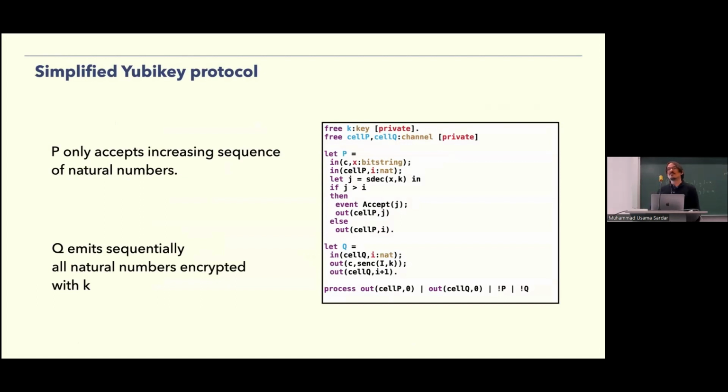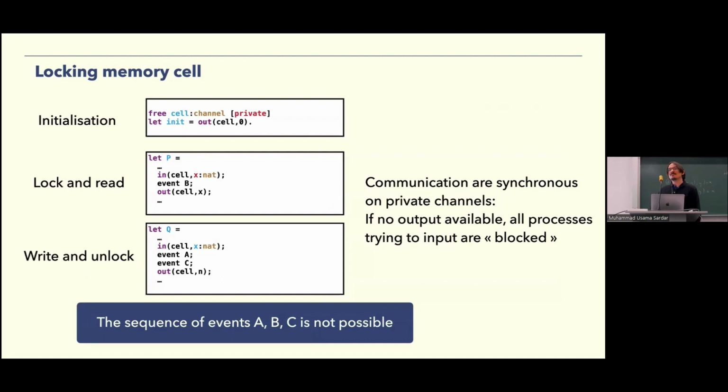Is there a library that encapsulates these primitives? There is not natively yet in ProVerif, but there is a front end of ProVerif that's called Cheval. You can write.